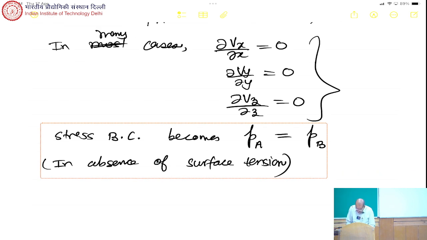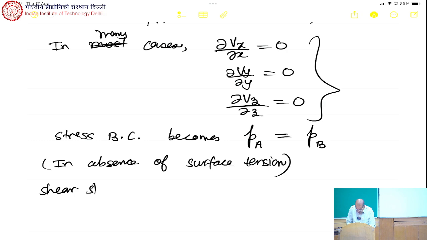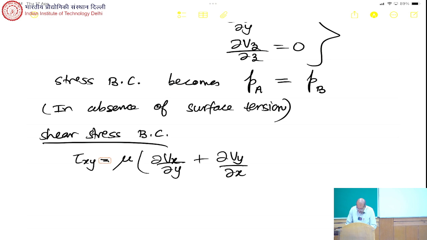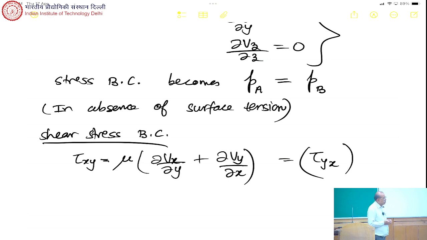Now similarly, if we look at the shear stress boundary condition, let's look at one of the components. We have tau xy, which is also equal to tau yx, is mu times partial Vx by partial y plus partial Vy by partial x.